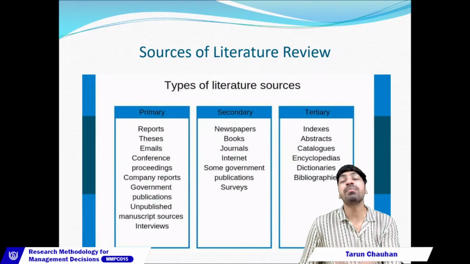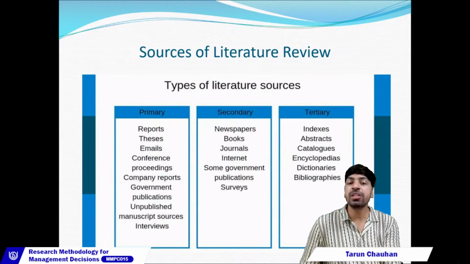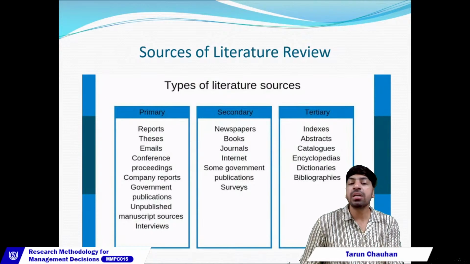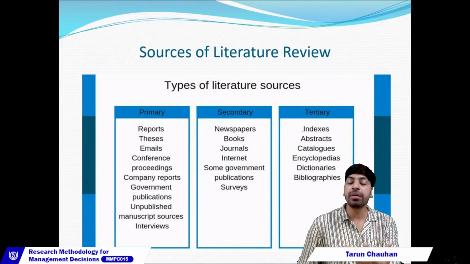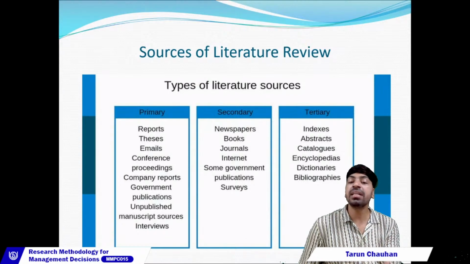If a researcher is applying secondary data, then accordingly the researcher will apply the secondary sources of literature review, that will be newspapers, books, journals, the articles published in various Scopus indexed and Web of Science journals, or UGC journals, and internet sources.